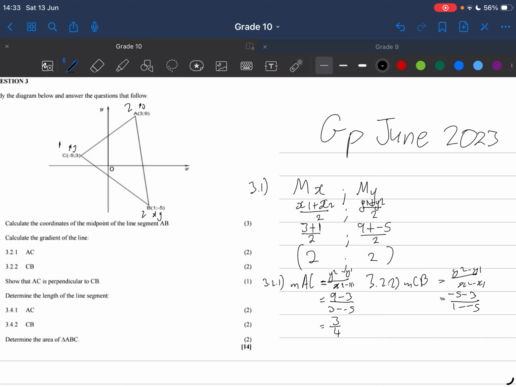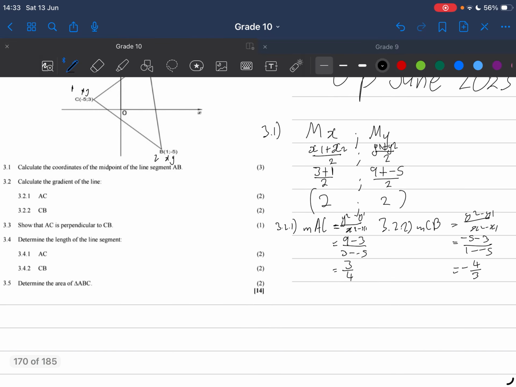So now when you're doing that, you've got -5 minus 3 over 1 minus 5, which is equal to -4 over 3. Alright, so that's my gradient of AC and CB.